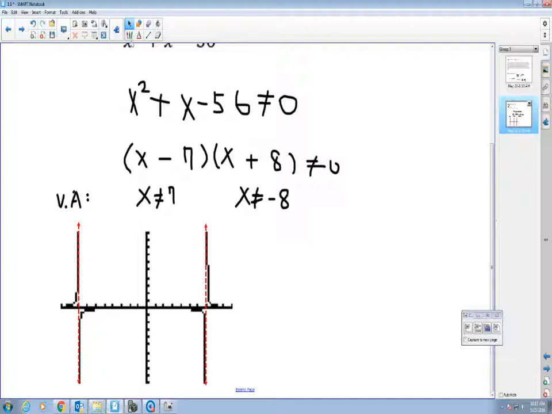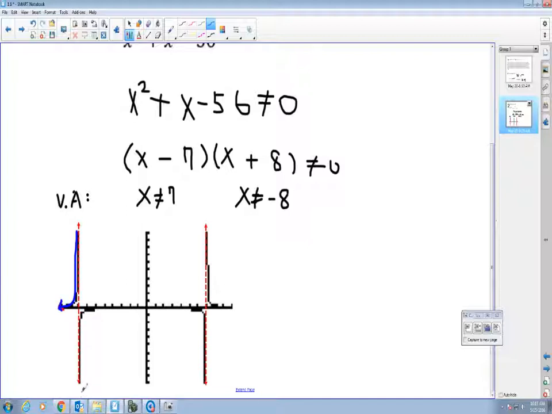If you actually look at the graph, this side keeps on going to the left, and from -8 to 7, my function is over here. Let me use blue. So my function is right here.